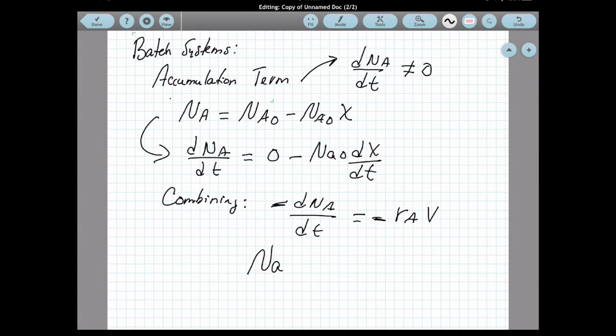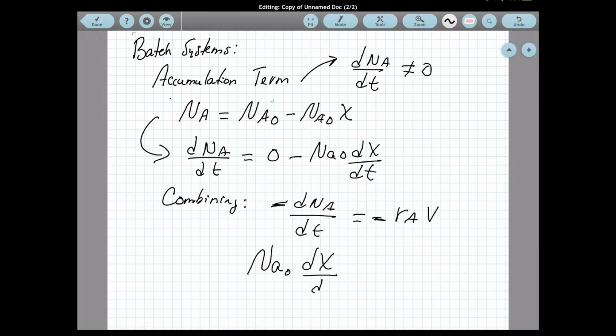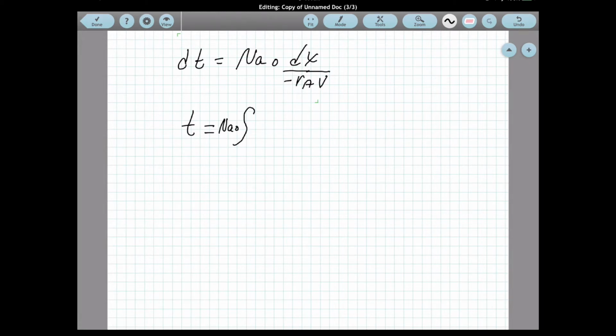And rearranging, separating variables, and integration provides the equation for the batch reactor.